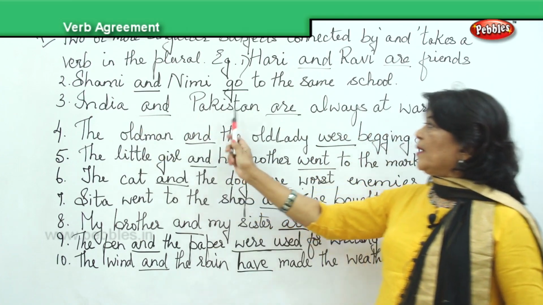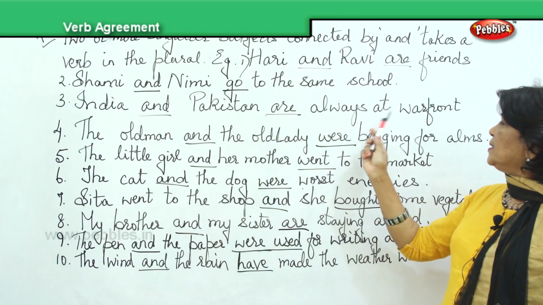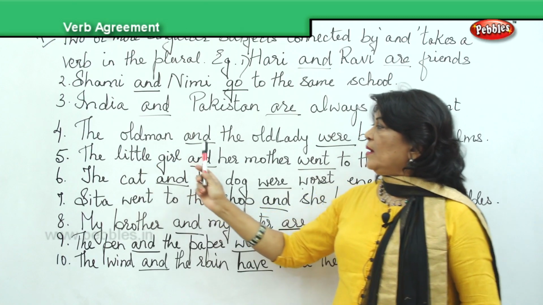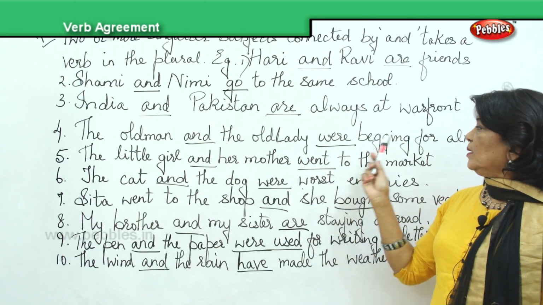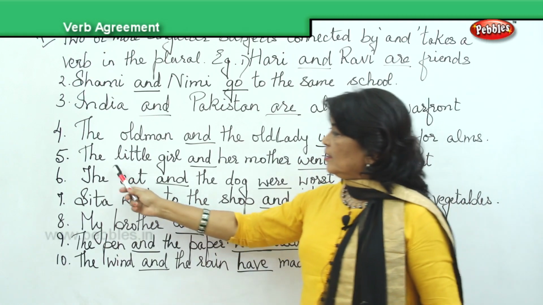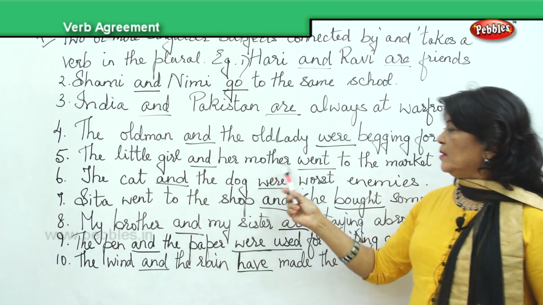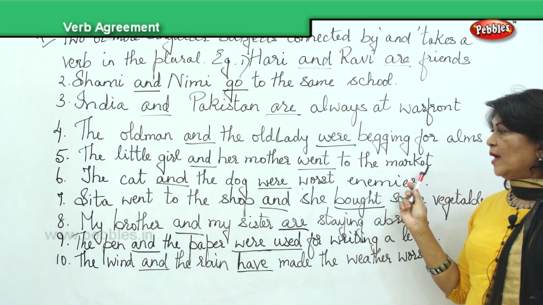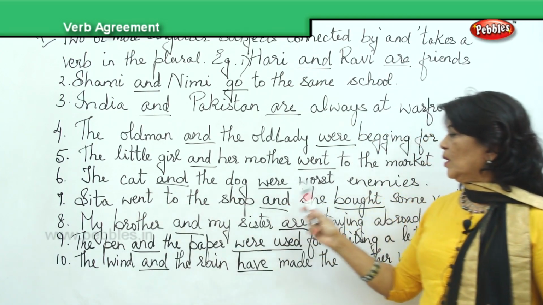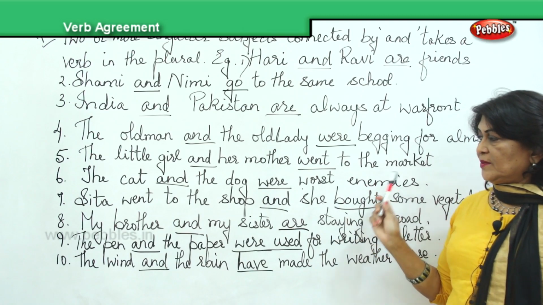India and Pakistan are always at war front. The old man and the old lady were begging for alms. The little girl and her mother went to the market. The cat and the dog were worst enemies.